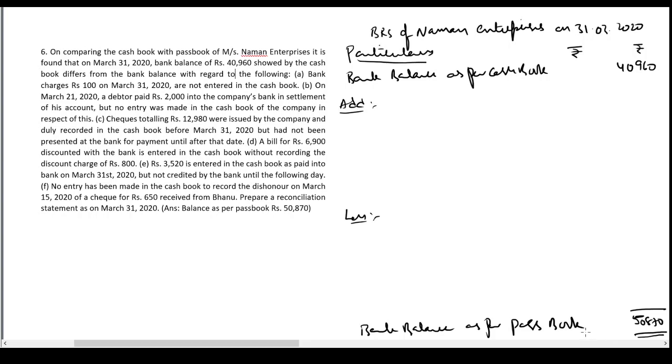Let us see whether we are able to do it or not. Let us start preparing our working notes. This is cash book, this is passbook. I have to arrive at passbook, so I'll put a star mark here. Let us assume both are same, starting 40,960.